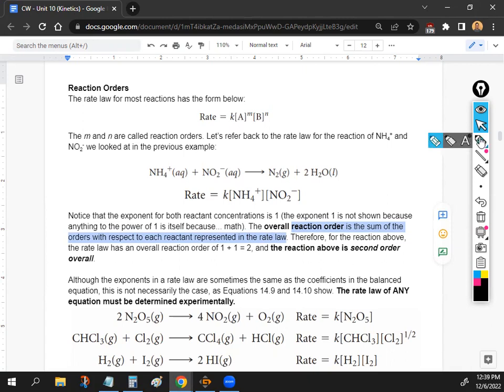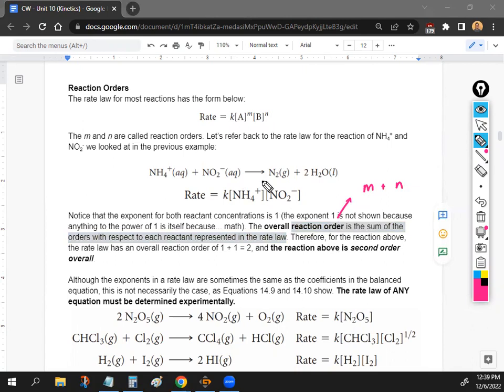In plain English, the reaction order is equal to the m plus the n. So you add the exponents together, and that gives you your reaction order. An easy example is this one right here: exponent 1, 1 plus 1. So this is a second order reaction.